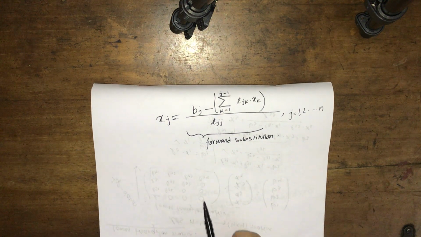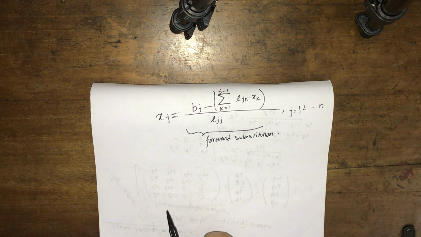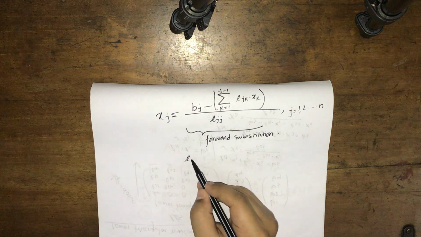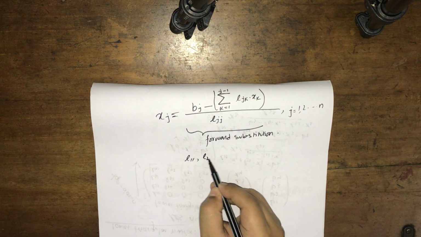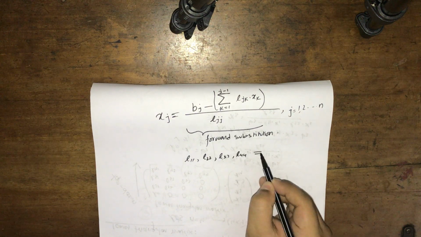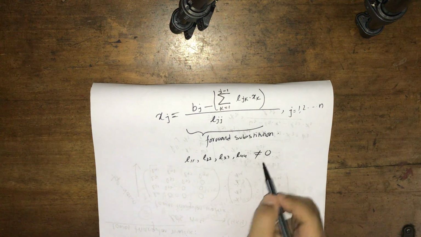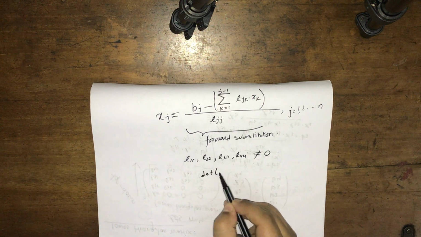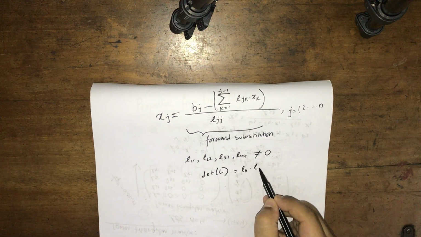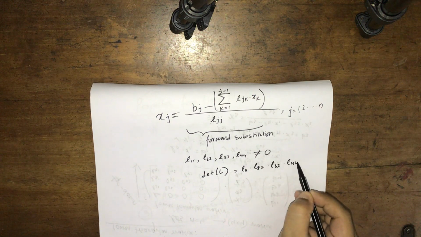One more thing to notice here is that we can calculate a solution for each and every variable if and only if L11, L22, L33 and L44 are not equal to 0. If either of them is equal to 0, then our determinant of L becomes 0, because the determinant of L is basically L11 into L22 into L33 into L44.